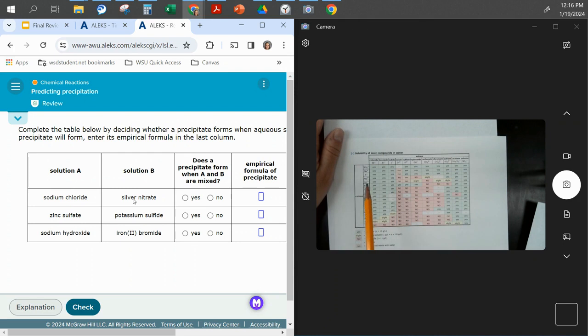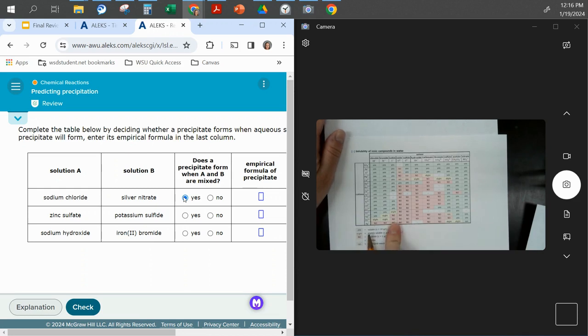Next one is silver and chloride. So silver is down here. Chloride is here. Silver chloride says no. If there's one that says no, you're going to put yes in this box. It's like inverse. No on this sheet means it's going to precipitate. It's not soluble. So you say, yes, a solid is going to form. A precipitate is going to form.